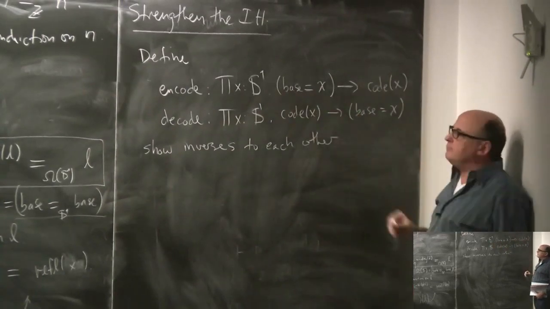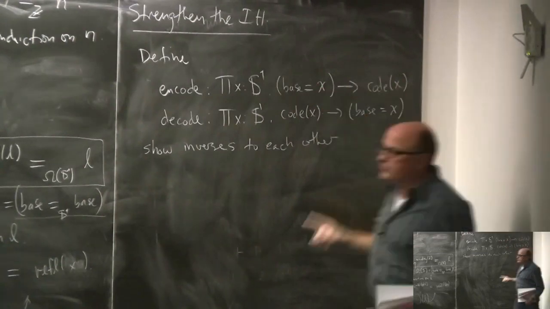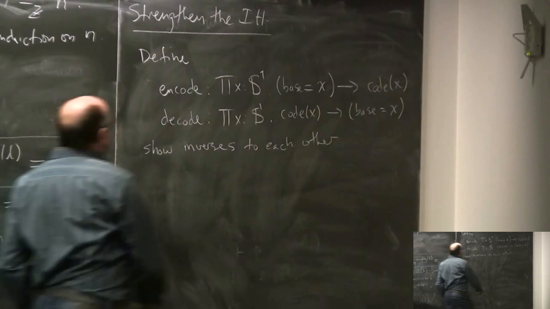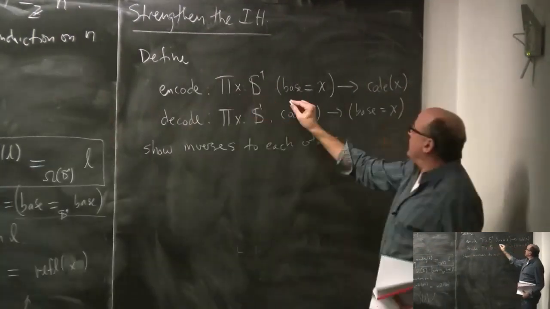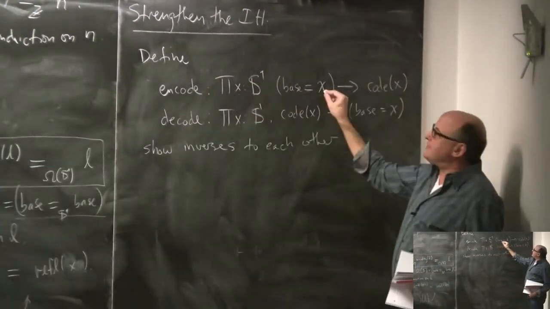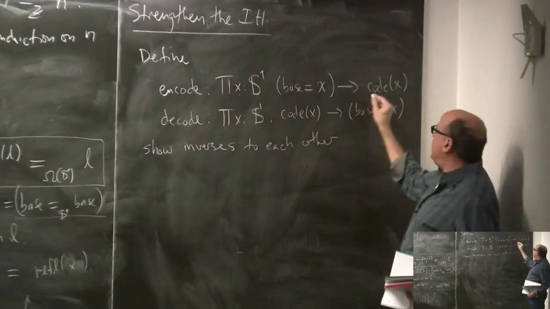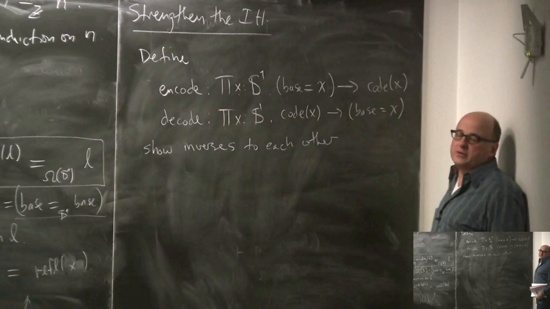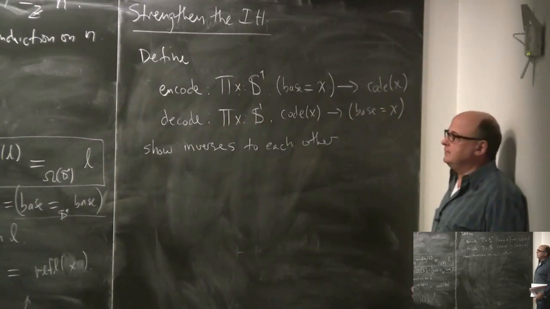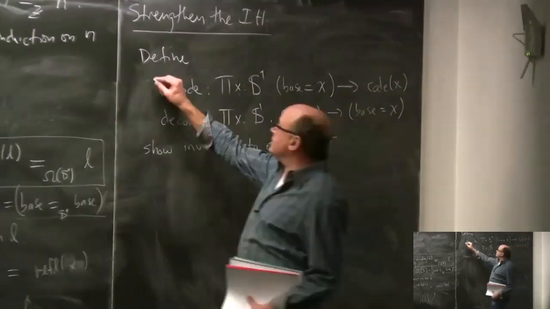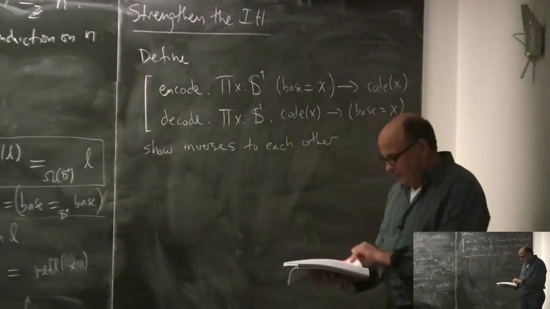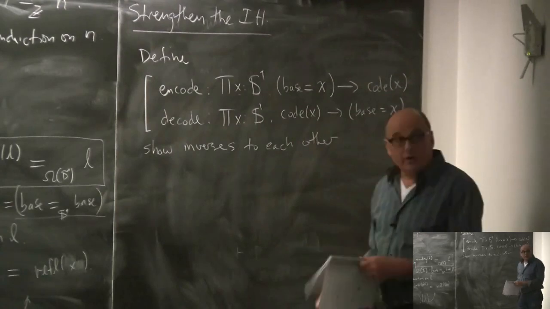So if you plug in base, and you look at what code of base is, z, okay? So I will then have an equivalence between base equals base, the loop space, and code of base, which is z. So I will have an equivalence between the loop space and z. And I'll be done. Okay? So this is the idea. So it's just strengthen the IH. Okay, so now let's see how we do that. So then we're in good shape.